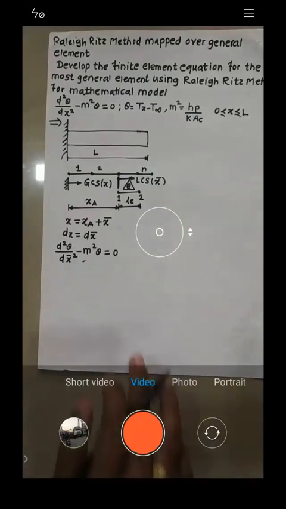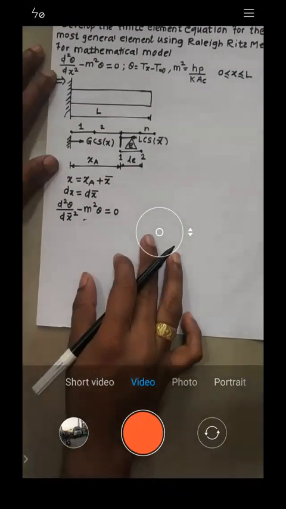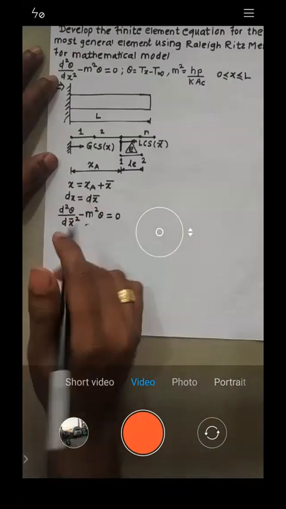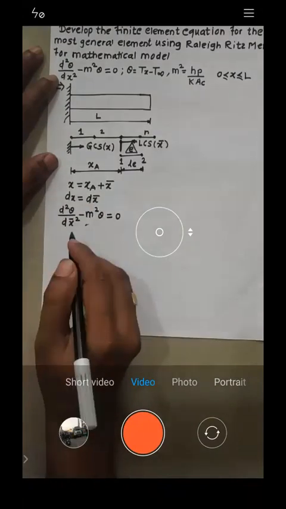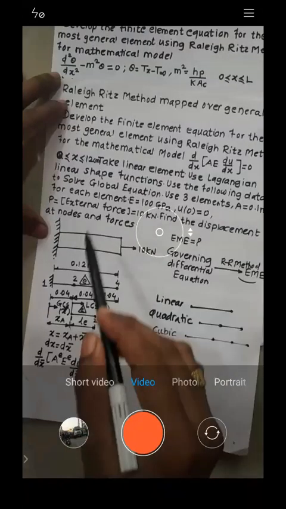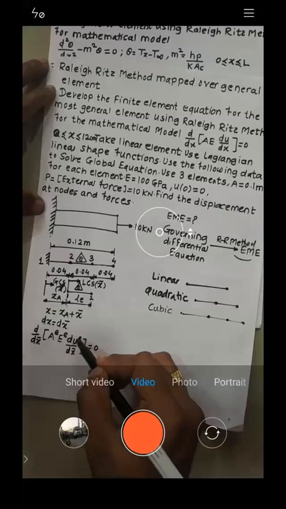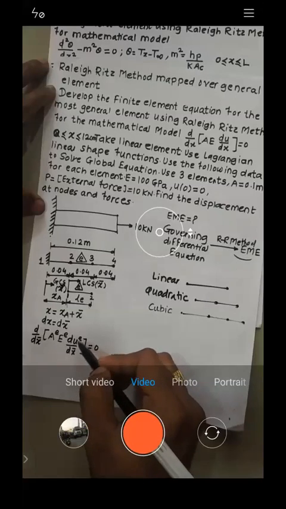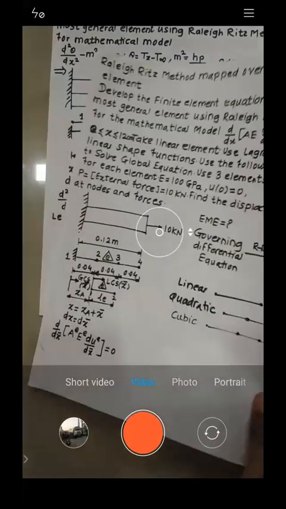Whatever solution we write down is an approximate solution. Let me remind you, in the last numerical, u was a variable, so we were supposed to get the solution for u. What we wrote was, let u be an approximate solution, right?